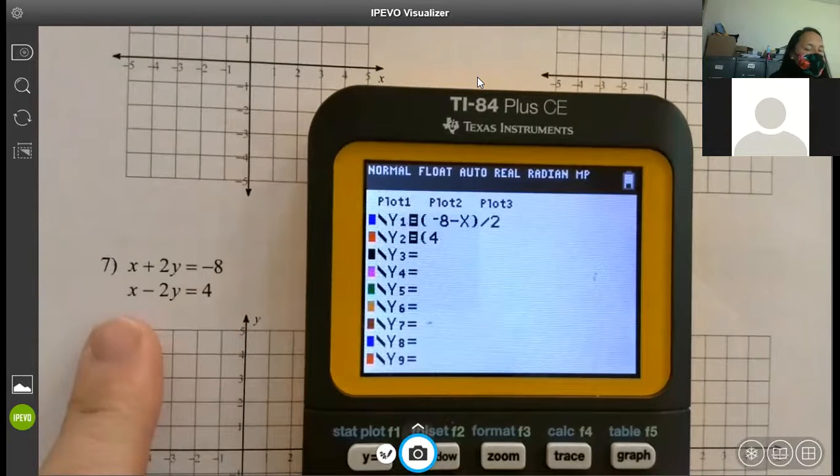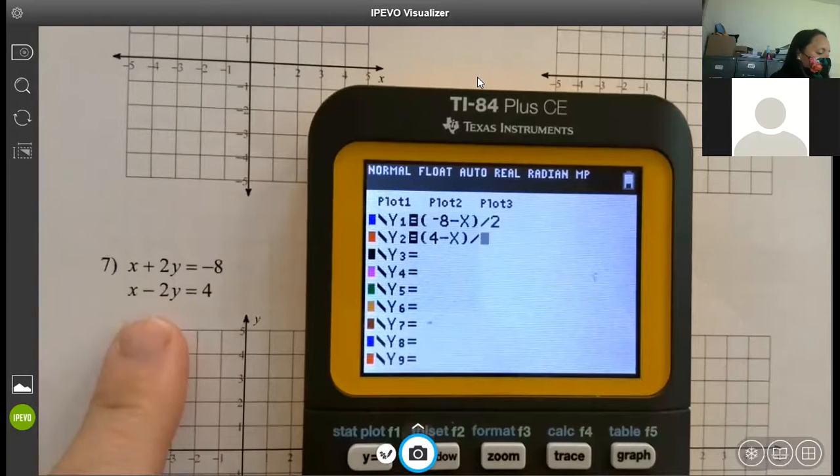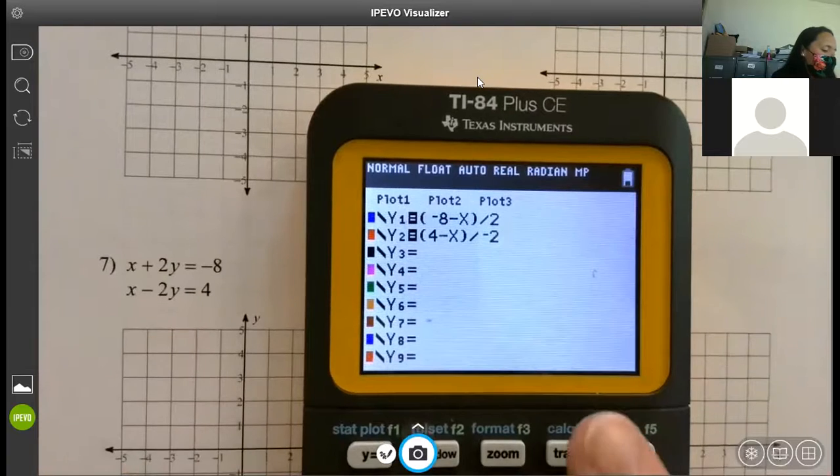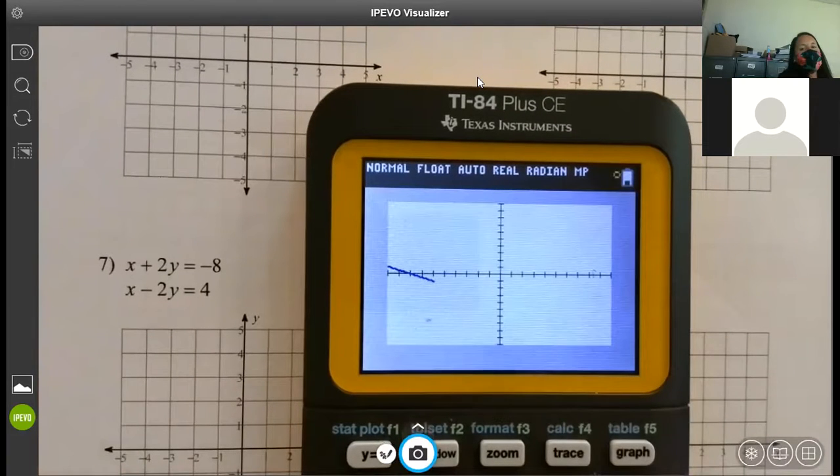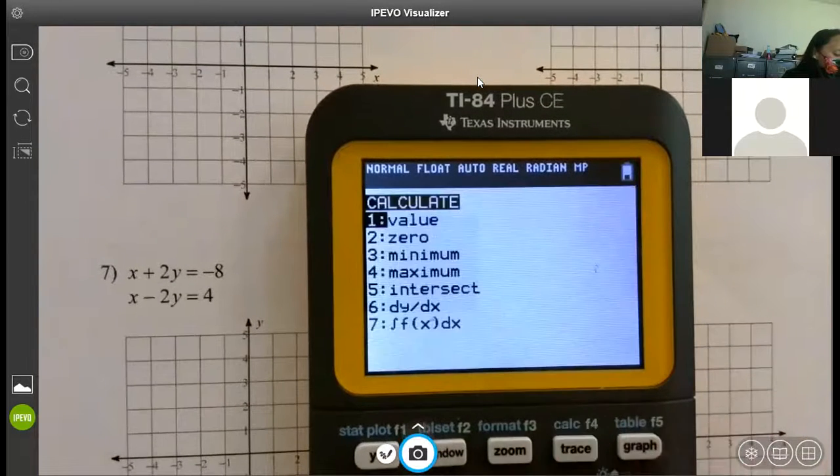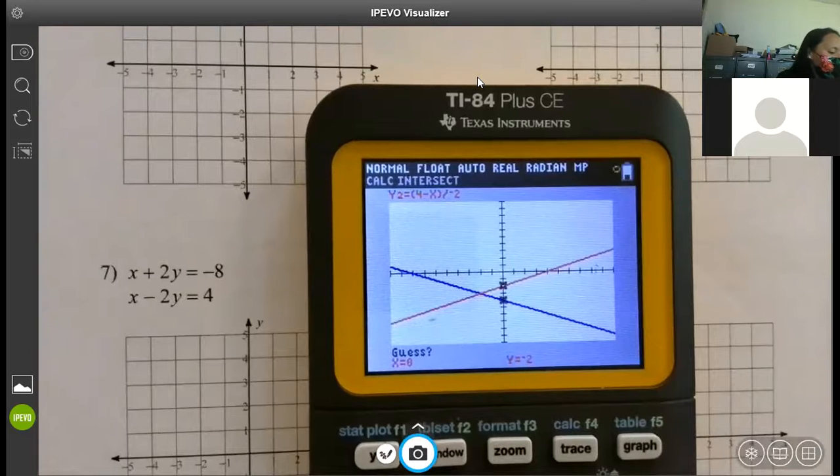How do I move x? Minus x. What's the number with y? Divide -2. Move x. Close your parenthesis. Divide -2. I'm going to graph it and see if it even crosses. It does. I did second trace, intersect, enter, enter, enter. And what did I get?